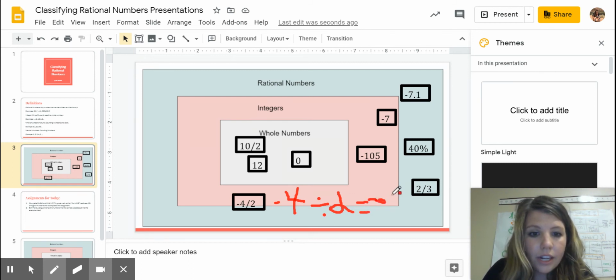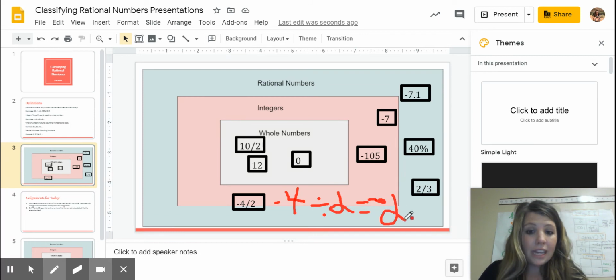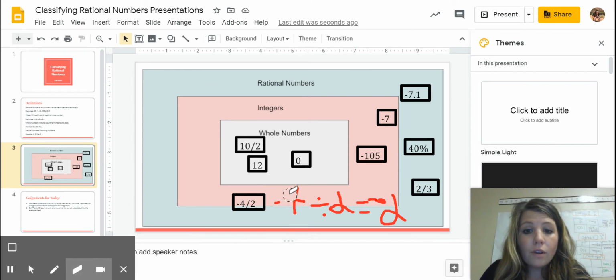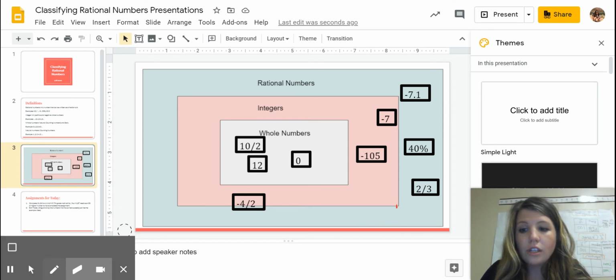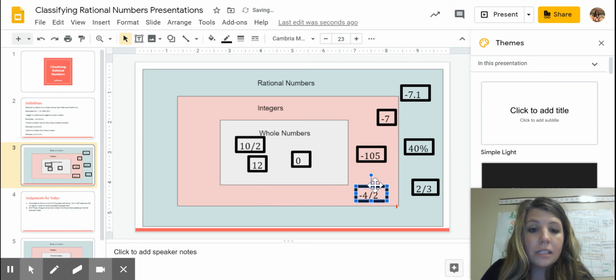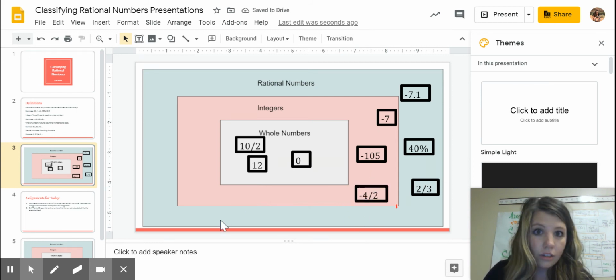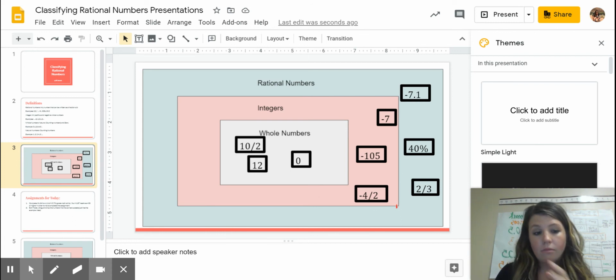So -4 over 2 is -2. Therefore, it is a rational number, but it can fit into a smaller subset, which is your integers. So I can drag this into my integers because essentially it's just -2. And again, that's one that they would give you to try and trick you to see if you really understand what a fraction is and that it means division.